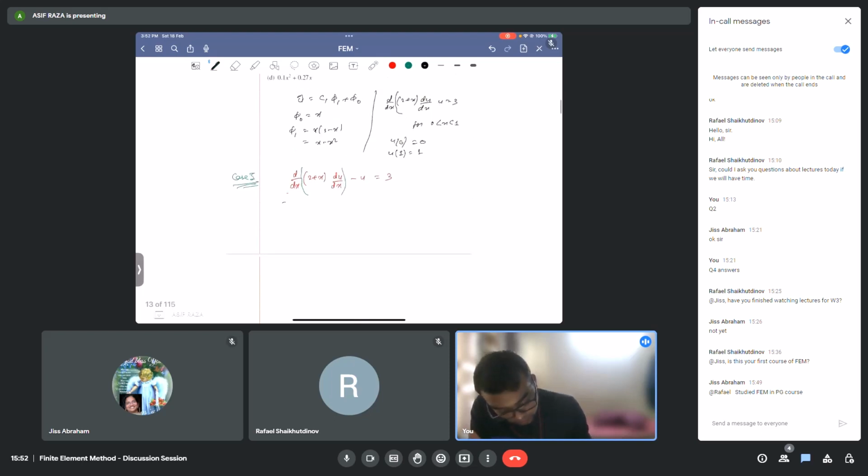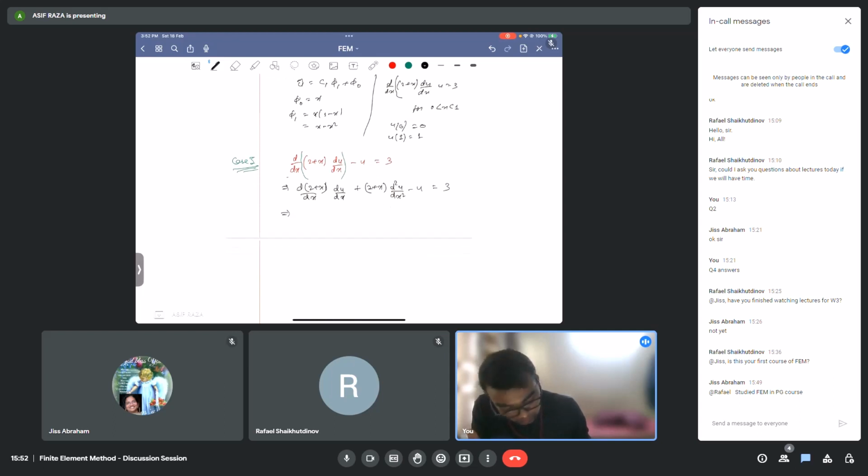With this we'll have a differential equation. If we simplify it, it first acts on 2 plus x: d by dx of 2 plus x times du by dx, plus 2 plus x d square u by dx square, minus u equal to 3.